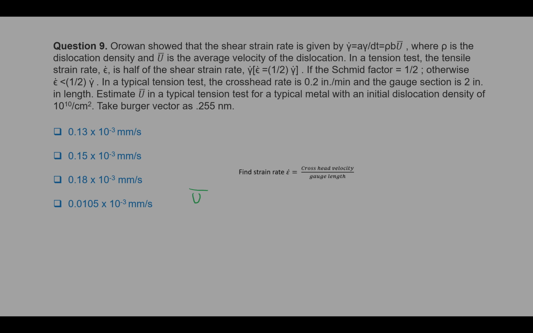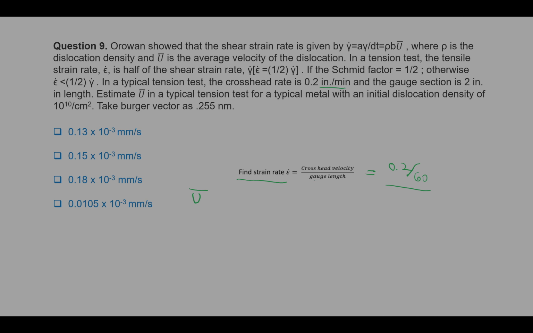And we know how we can find this strain rate. Strain rate we can find by cross-head velocity divided by gauge length. So how much cross-head velocity have they given? Here they have given 0.2 inch per minute. So we just divide by 60 since we want it per second.